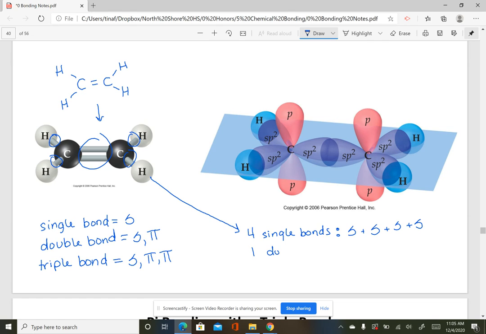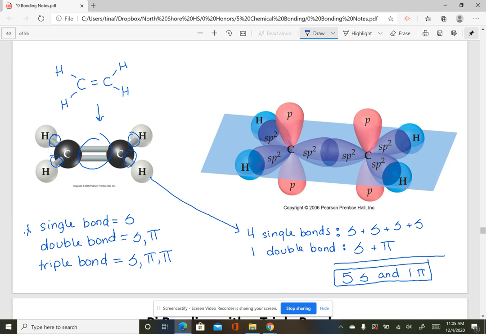So one double bond is a sigma and a pi. So in total, what do I have in this compound? I have 5 sigma bonds and 1 pi. And that would be my final answer.